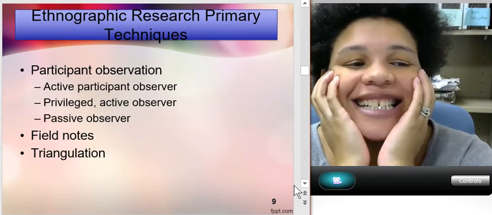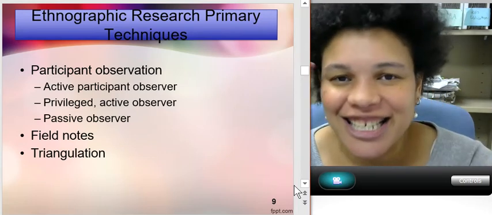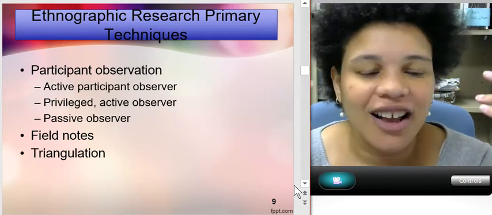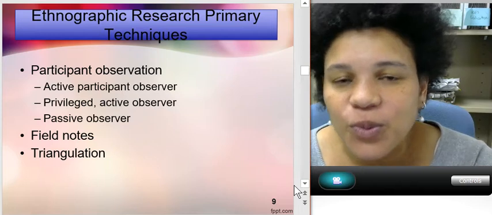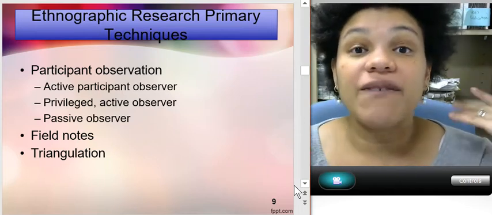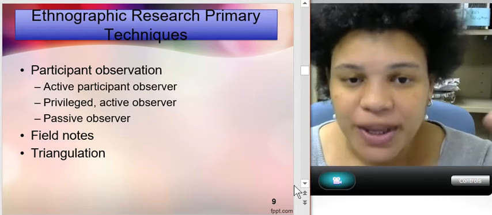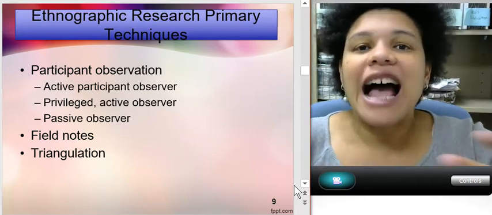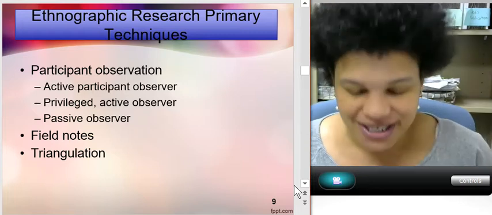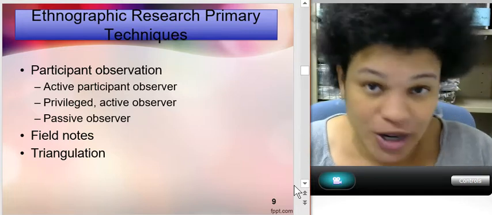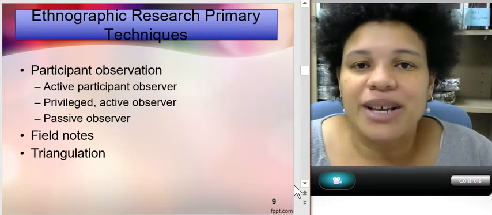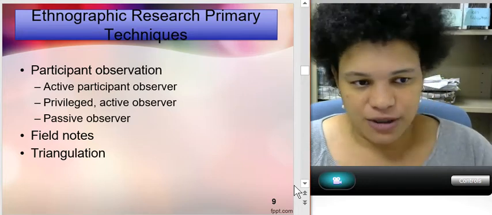But usually in an educational context, you're a participant observer when you are a member of whatever that setting is. So if I were a volunteer in a classroom and I was observing what was happening in that classroom, for research purposes, as well as doing my volunteer duties, then I would be doing active participant observation.